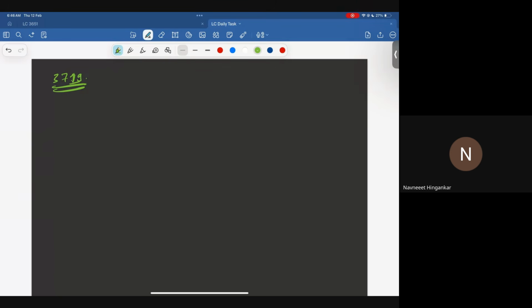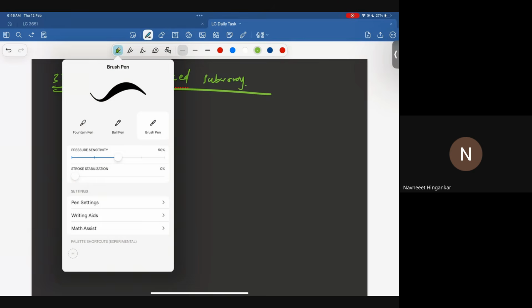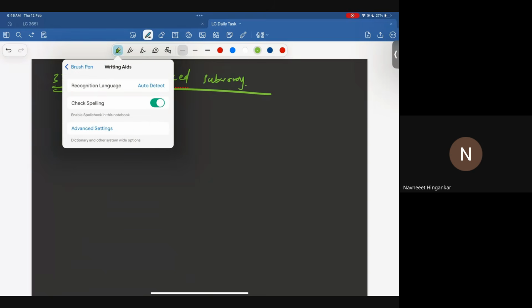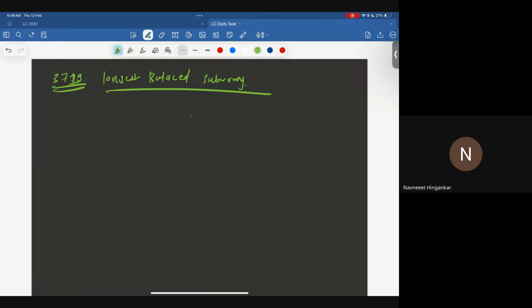3719, longest balanced subarray. Okay, the task is simple. It's basically the same task, but here we have to find the longest subarray, and the condition is different.